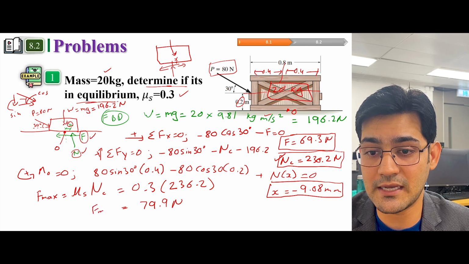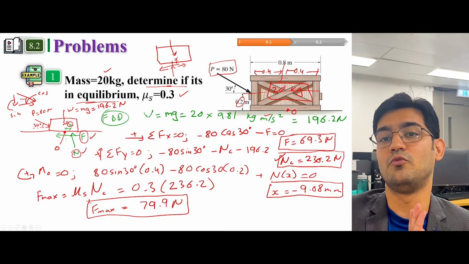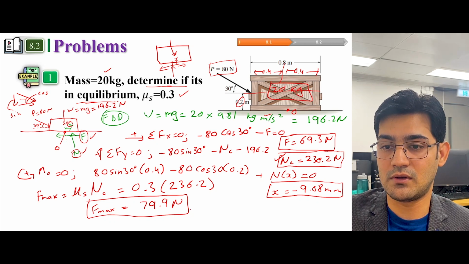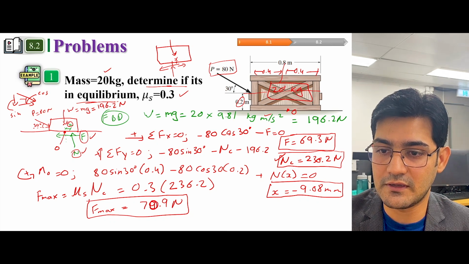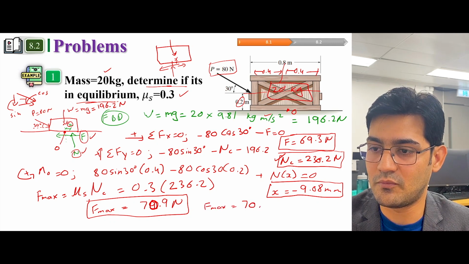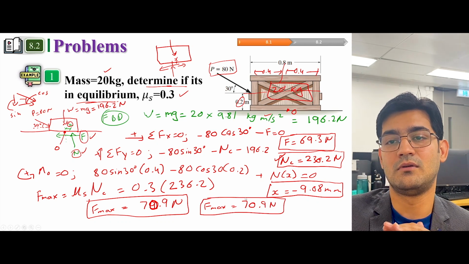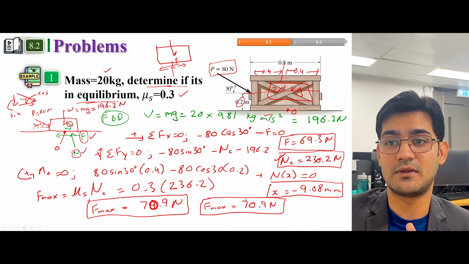So this is the maximum load the system can take without moving. Let me write it here. Actually, F max is equal to 70.9 Newton. So this is the maximum resistance the system can offer.